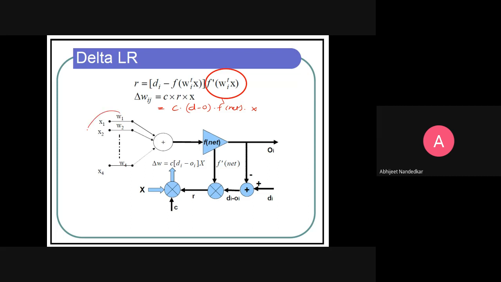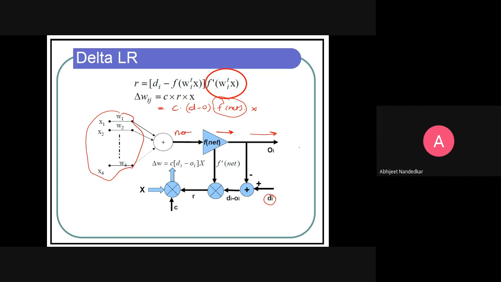We will apply some input like this. We'll calculate net, then we will pass this through some activation function which is differentiable because we want the differentiation of that. So maybe a sigmoid kind of thing or logistic activation function. We pass through that and the output is computed. It is compared with the desired response because this is supervised learning.